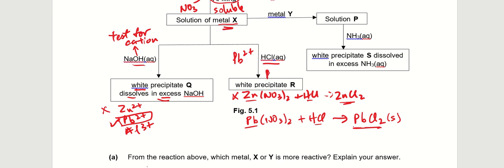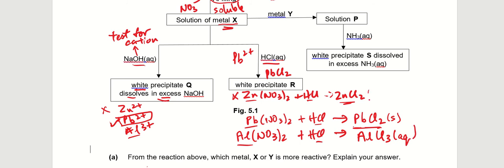So this is PbCl2, or lead chloride. Now what about aluminium? Could it still be aluminium? Let's see. If this was aluminium nitrate and we added hydrochloric acid, switching the ions, we get aluminium chloride. But aluminium chloride is still a soluble salt, and therefore will not give us a white precipitate R. So we can more or less confirm that it is not aluminium, and that Pb2 plus, or lead 2 plus ions, is present.